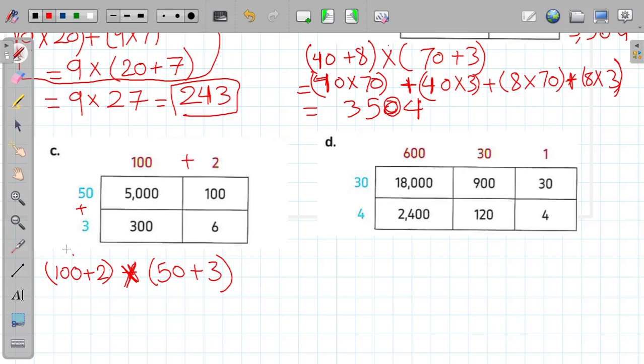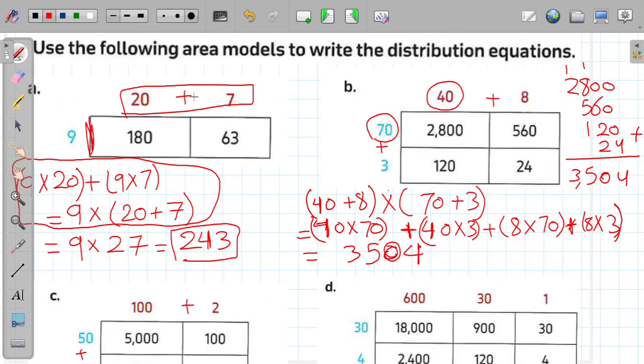So the first number was 102 and the second number was 53. Okay, 100 plus 2 equals 102. 50 plus 3 equals 53. So the original numbers were 102 times 53.